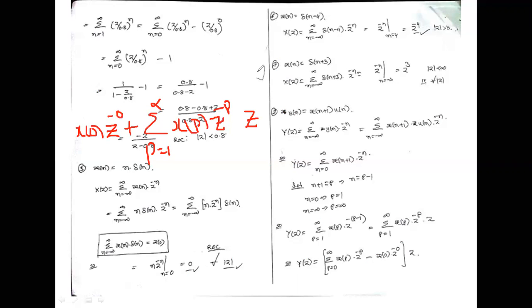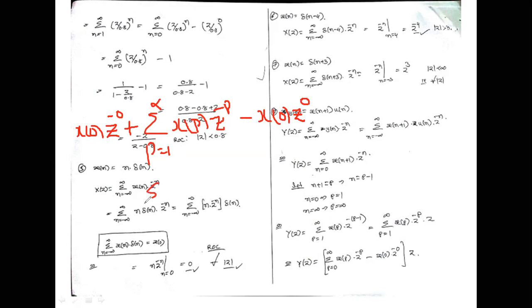Got it, my dear students? X of 0 z power minus 0. I am adding that and subtracting also, x of 0 z power 0. Adding and subtracting. Got it? So x of 0 z power minus 0 means p is equal to 0, and the function is the same.